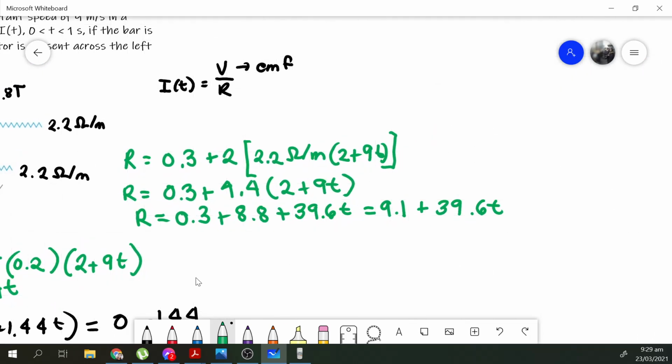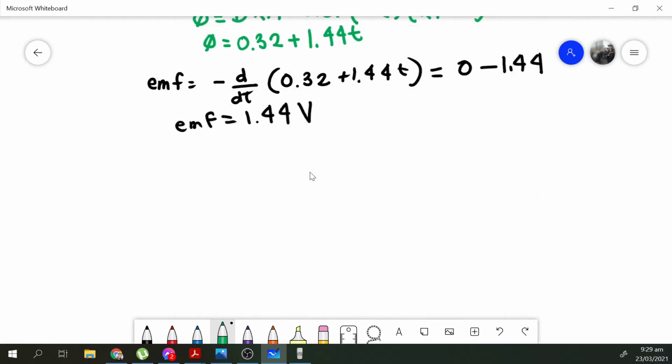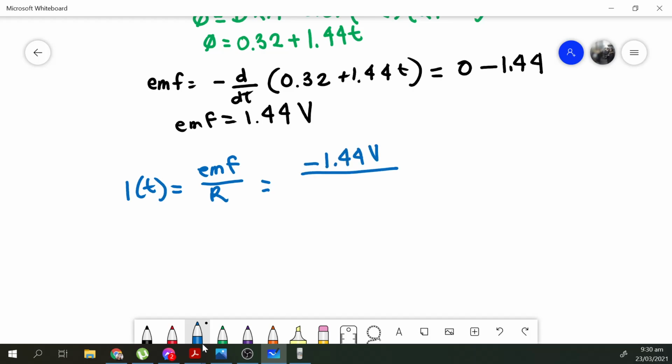We can now simply substitute to find the function of I of t. Again, I of t is equivalent to your EMF divided by your resistance. So EMF is equivalent to negative 1.44 volts divided by the resistance, which is 9.1 plus 39.6t.